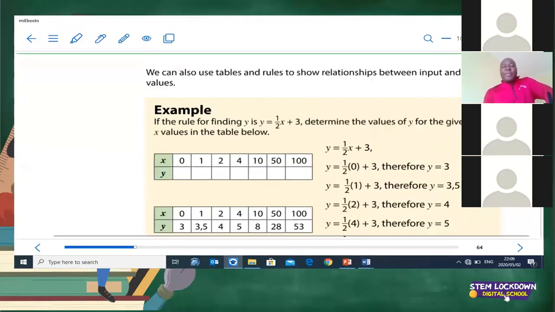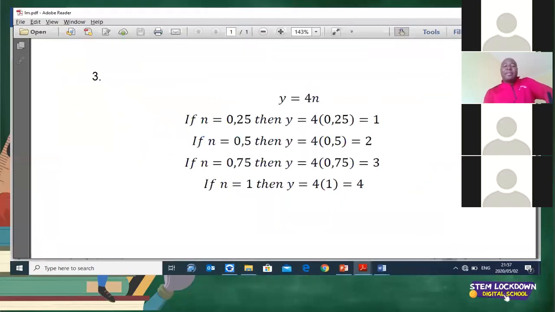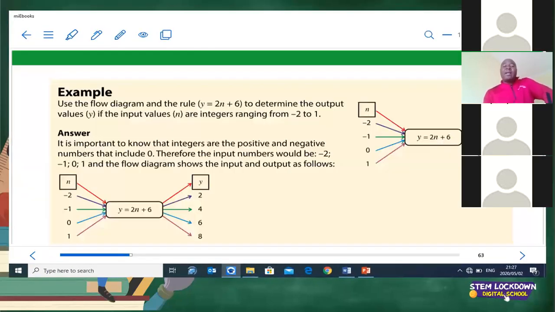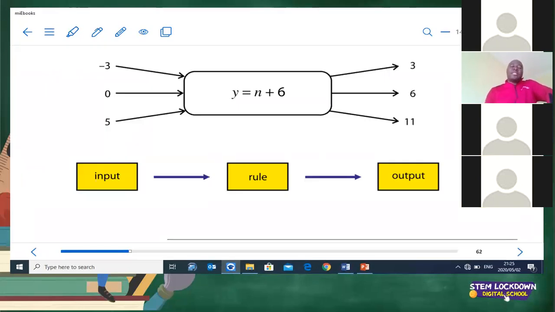Perhaps just to wrap up the lesson, you will remember that we spoke about the input when we started this lesson, where you've got a set of values that are given, and you also have the rule in the form of the equation and the output.